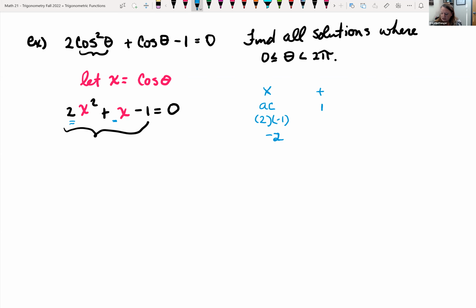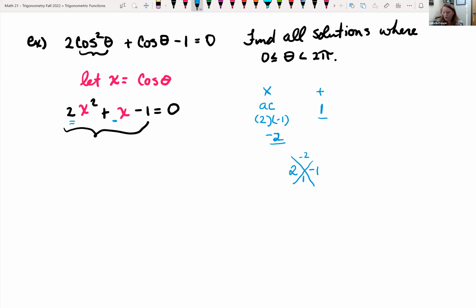The larger number is going to be positive because when I sum them, I get back positive 1. I know some of you have learned to keep your numbers organized by this x. I tend to not do that, but I'll do that to help you guys if you see that. So basically what multiplies to negative 2 and adds to 1, that would be positive 2 and negative 1.